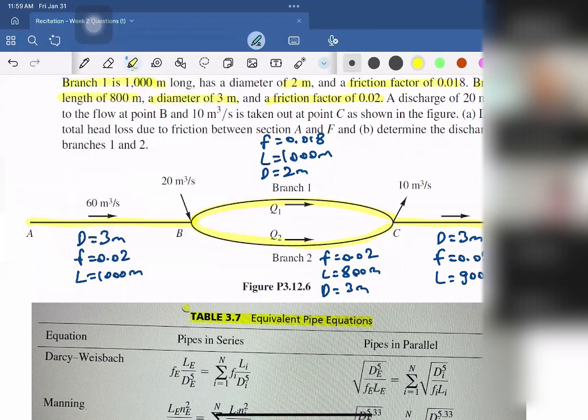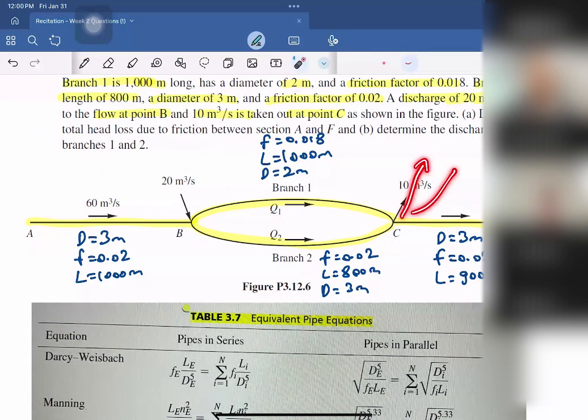And here it says that a discharge of 20 cubic meter per second is added to the flow at point B, which is here. So we have an inflow at this point. And also 10 cubic meter per second is taken at point C. And so we have outflow here.